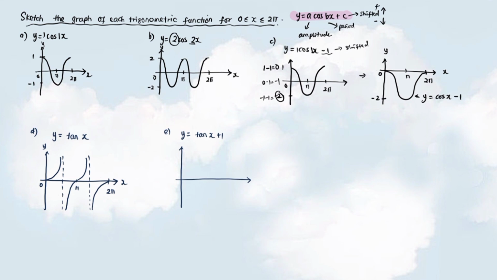Last, y equal to tan x plus 1. So plus 1 means that the graph is shifted upwards. So we draw the tangent graph first, the asymptote lines. Okay, settle. 2 pi, 0. So here 0 plus 1 is equal to 1, and the position of the x-axis is different now.